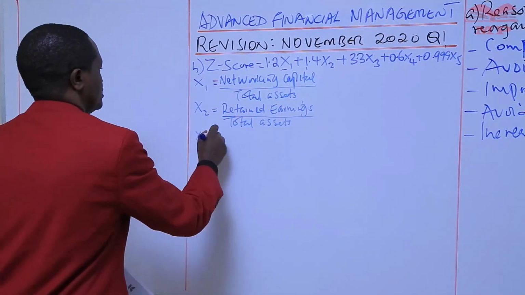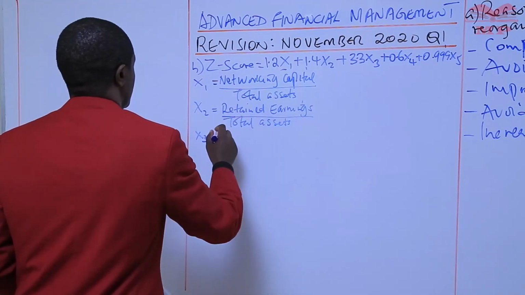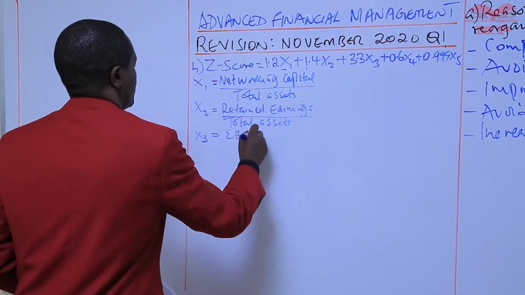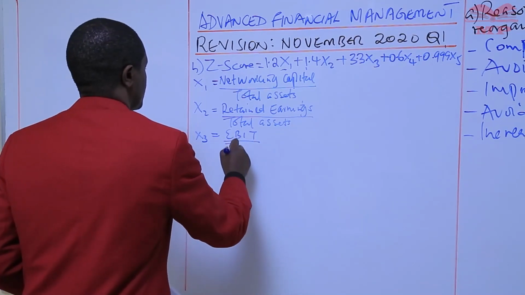X3 is equal to EBIT, operating profit, over total assets.